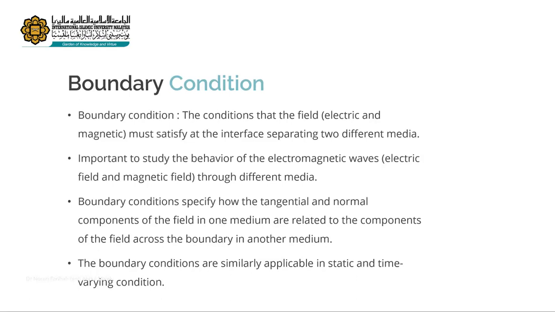So when you are considering two different materials, it is important to study the behavior of the electromagnetic wave, the EM field, through different media, because usually we will use more than only one medium. Boundary conditions specify how the tangential and normal components of the field in one medium are related to the components of the field across the boundary in another medium.